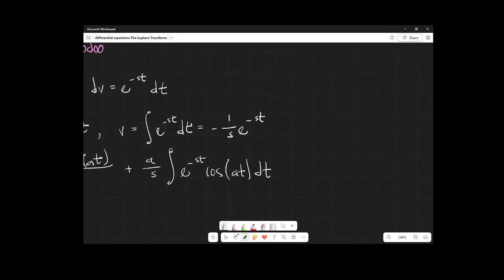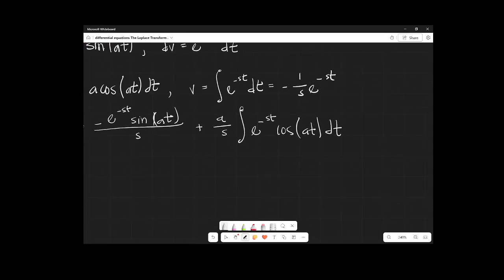Let's define this one now, this integral, as being j. Call it j. Don't forget my bounds. Notice I'm not including that constant out front, the a divided by s. We're just concerned with the integral and the integrand within it.